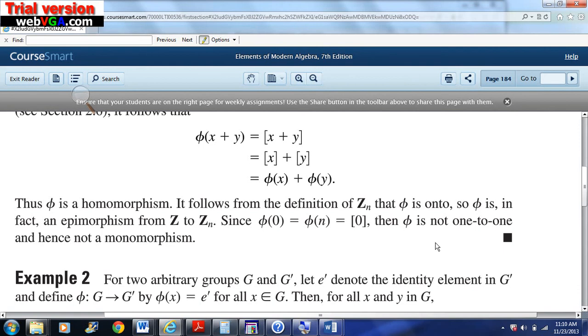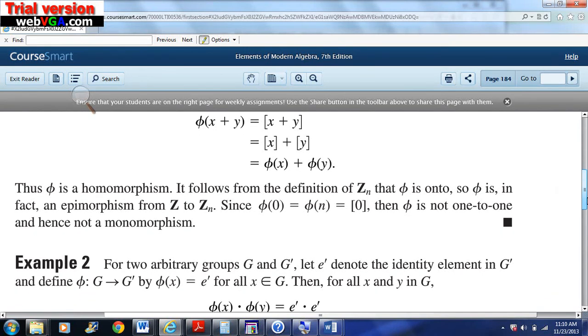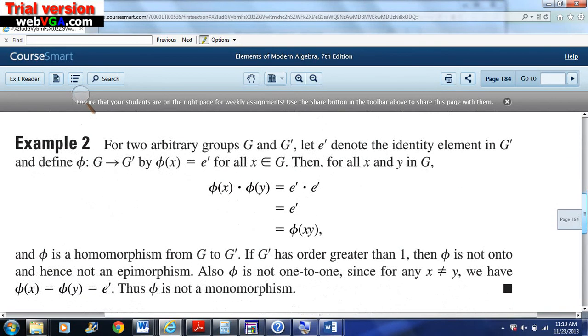No ordered pair would have the same first component. Of course, it's the same second component also for 1-to-1. All right, let's look at example 2. So that's example 1, and that's how you show whether you have a homomorphism, epimorphism, monomorphism.